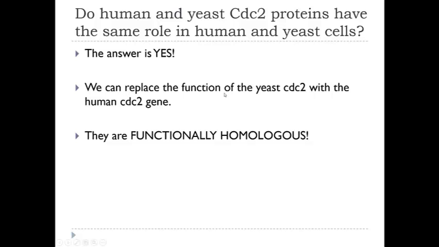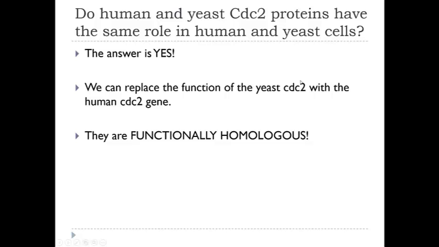The replacement of the yeast CDC2 with the human CDC2 gene, that DNA, produced a functional CDC2 protein that could act to help the yeast progress in the cell cycle. Okay, so yes, they're functionally homologous.